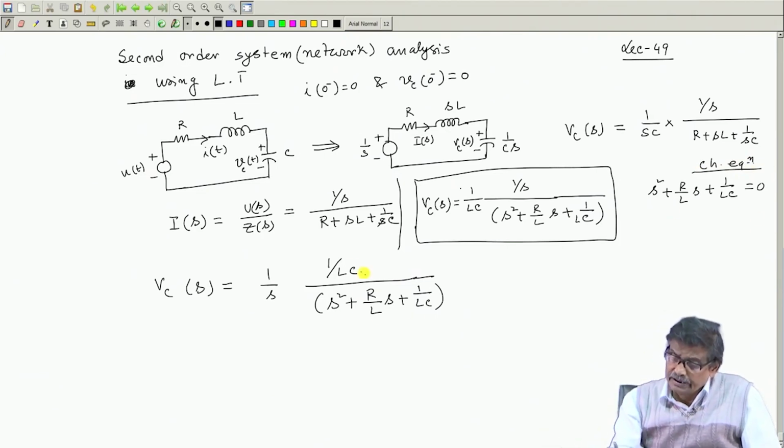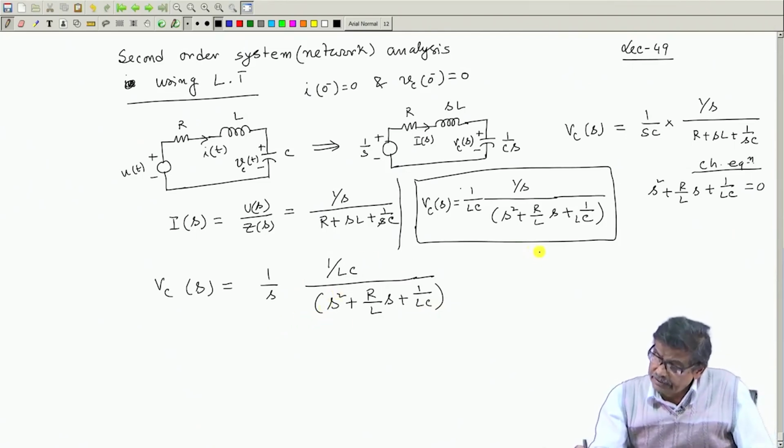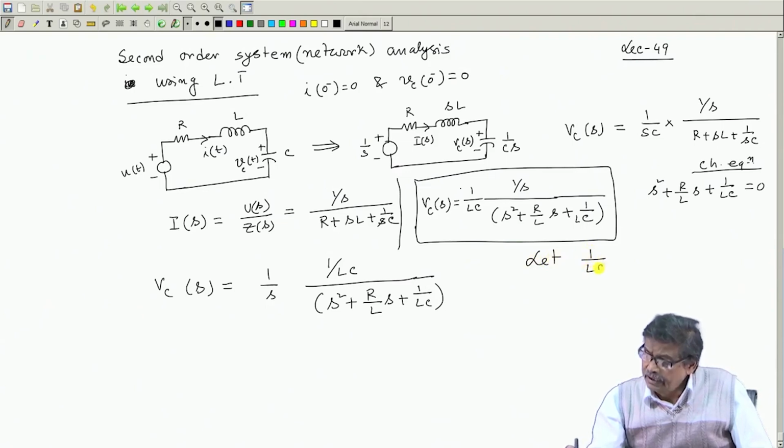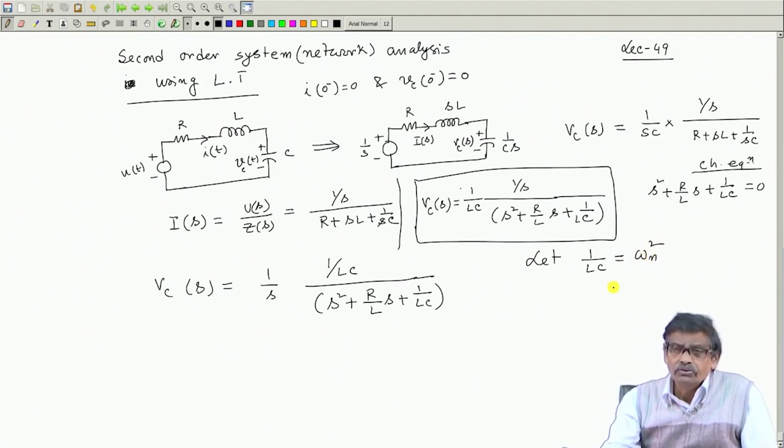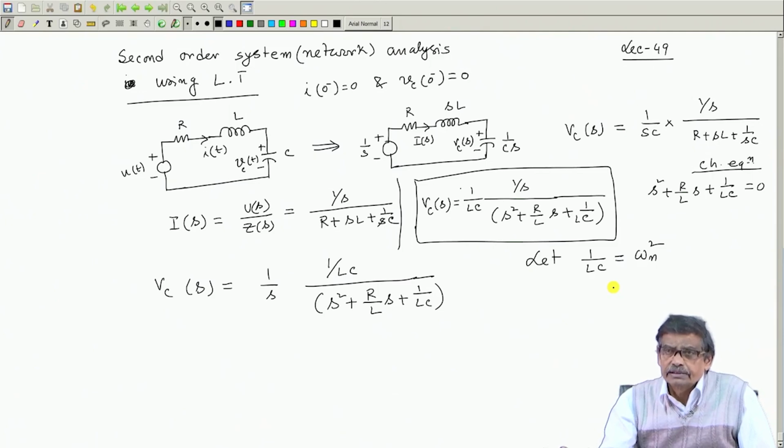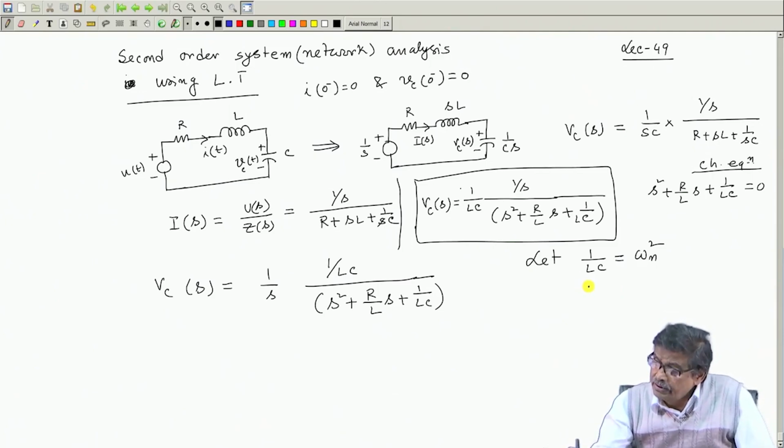Now, what is done after this? We will let 1 over LC be a variable called omega n square. We do not know what omega n signifies right now, but we can do this, and we will define R by L as 2 zeta omega n.